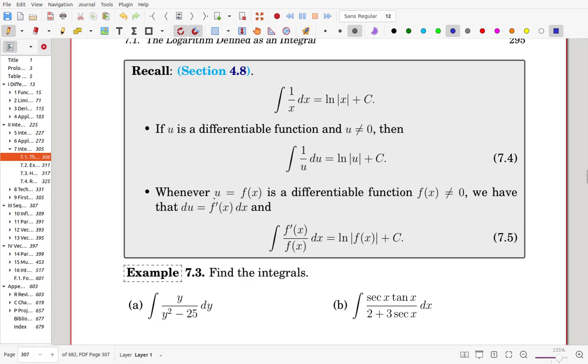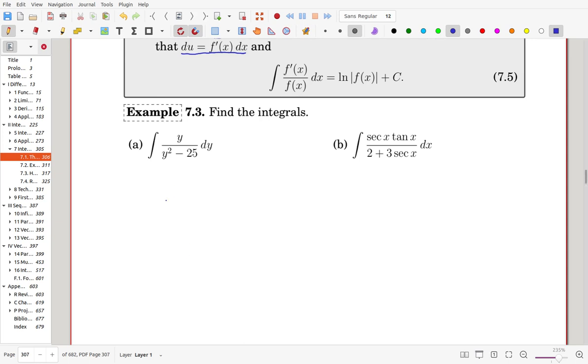If u is f of x, then du must be f prime of x dx, so that it becomes in this way, and then u is now f of x, so we can get such a formula. We'll practice this formula in the following examples.